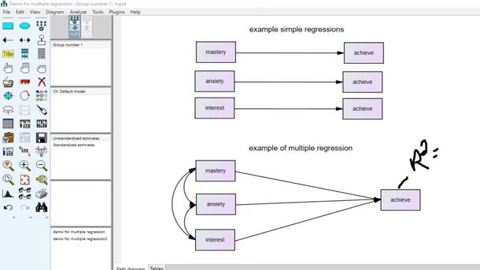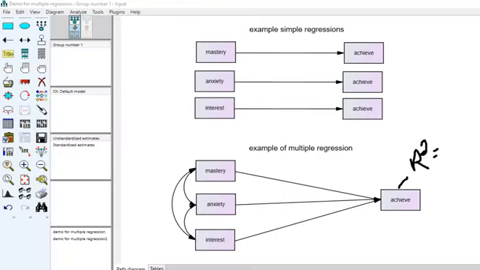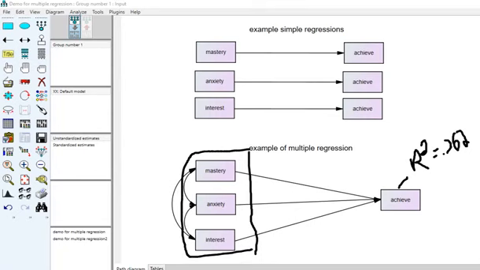That is the R-square, and that's reflecting the combined influence, if you will, of the set of predictors on the dependent variable. So, as a set, mastery, anxiety, and interest are accounting for 36.2% of the variation in the achieve variable. So as a set, they're accounting for a pretty good chunk of the variation.